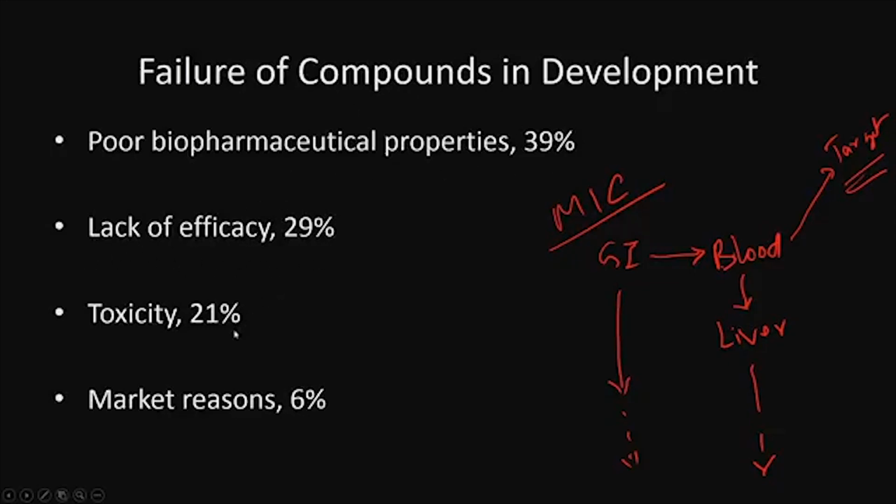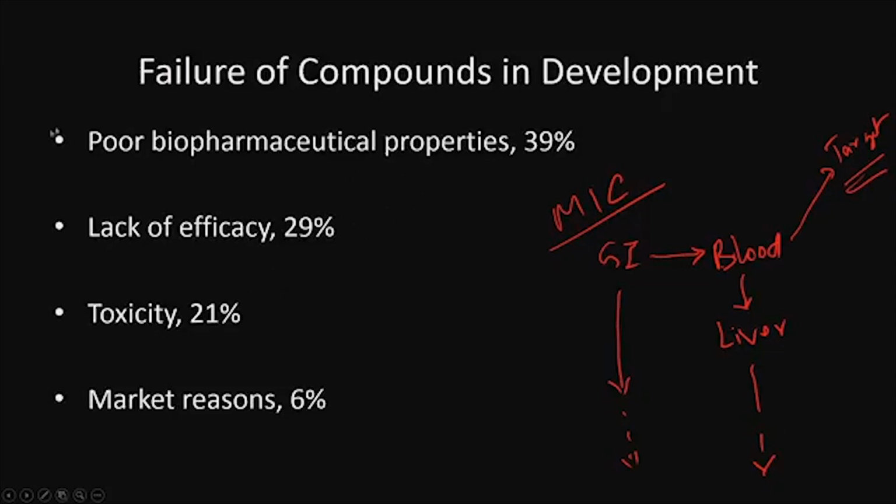Then toxicity: the drug has toxicity, or the metabolites, since the drug gets degraded in the liver, maybe those metabolites are toxic, short term toxicity, long term toxicity. So 21%. You see, if you add all these, 39, 29, 21, it is a huge number.